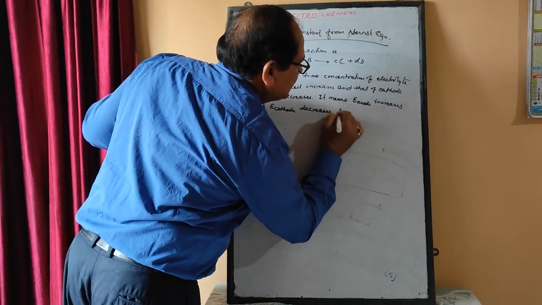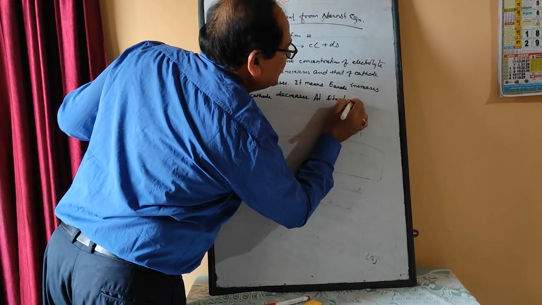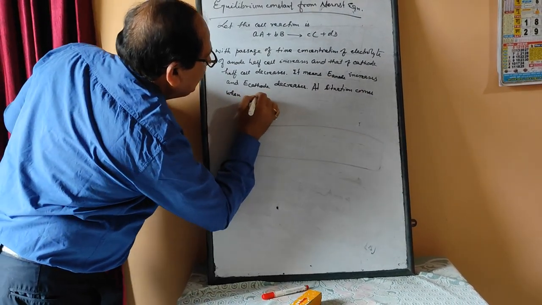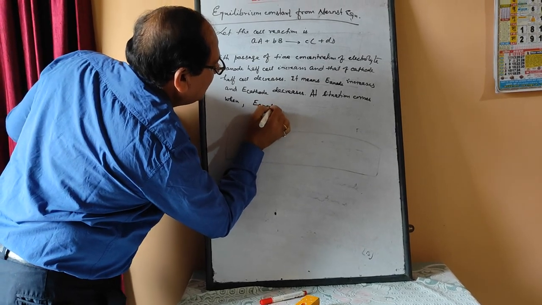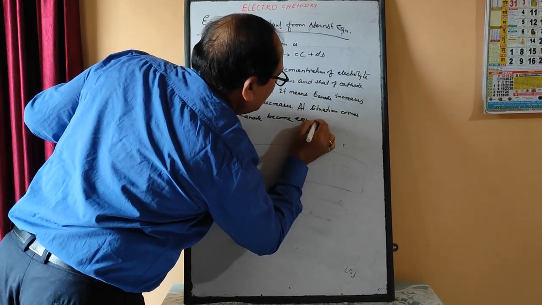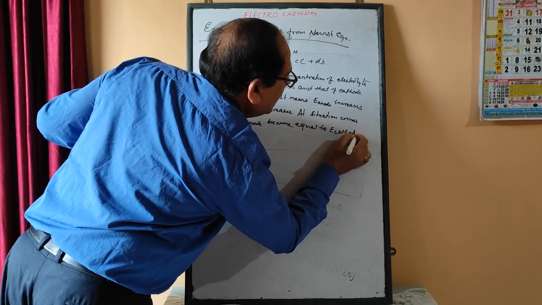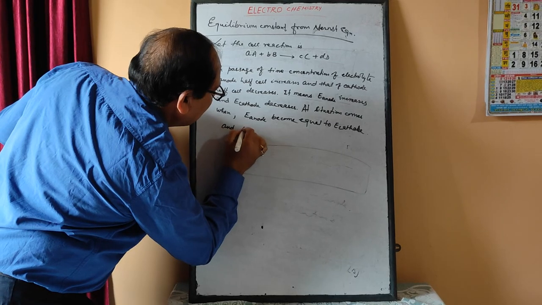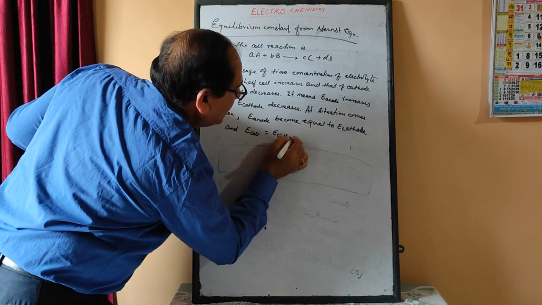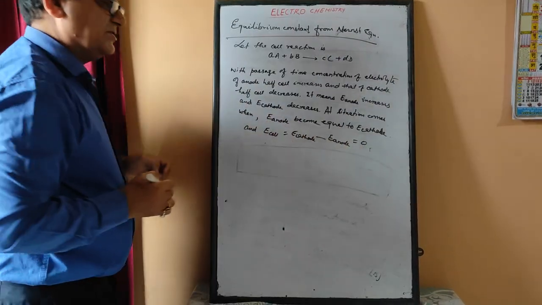A situation comes when E anode becomes equal to E cathode, and E cell, which is E cathode minus E anode, becomes 0.